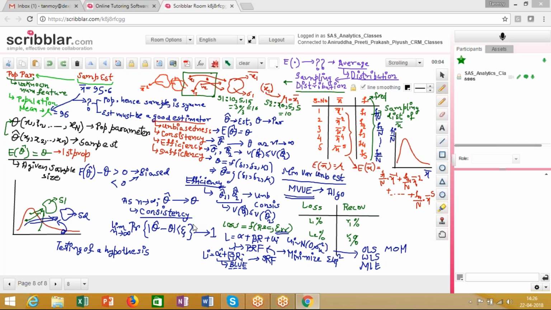And above all, one important thing that we wanted to understand in this session was the concept of significance. So basically, I say that the sample mean is not different from the population mean, or the sample mean approximates the population mean.